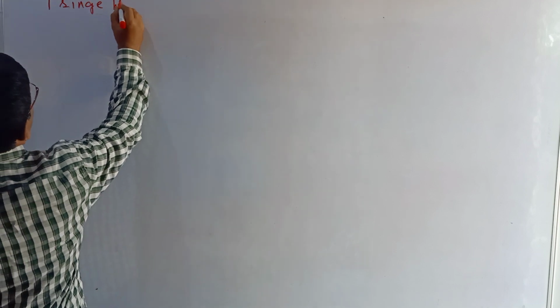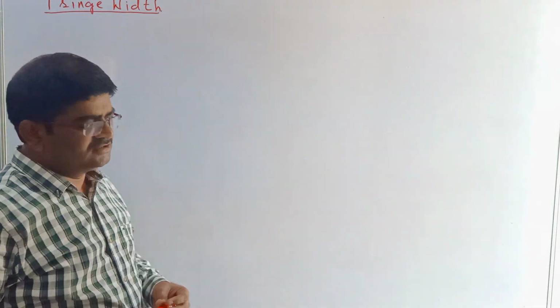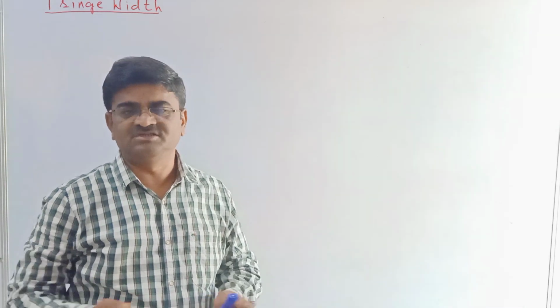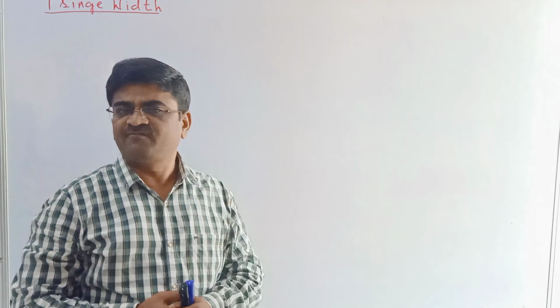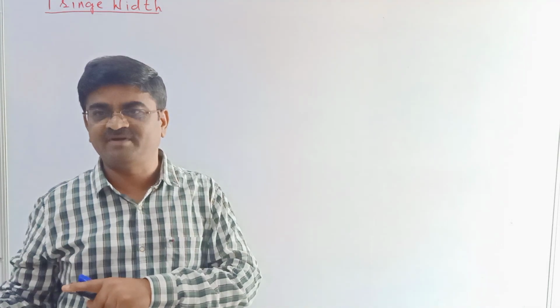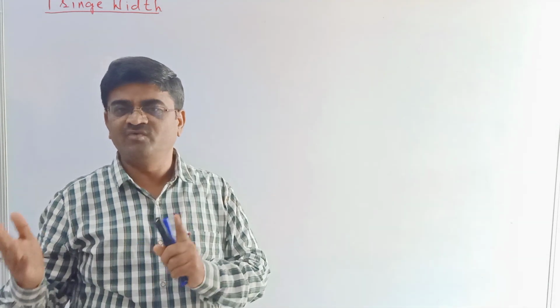Fringe width we define as the separation between consecutive bright or consecutive dark fringes, or bands. Remember, it's not the separation between a dark band and a bright band; rather, I should say the separation between consecutive bright or consecutive dark, we call as the fringe width.